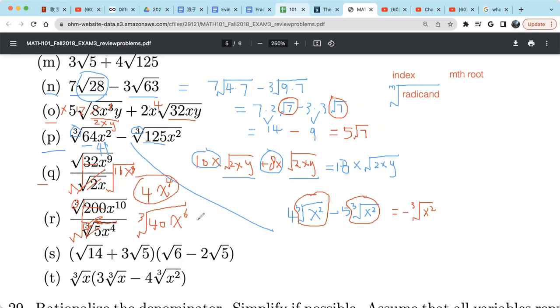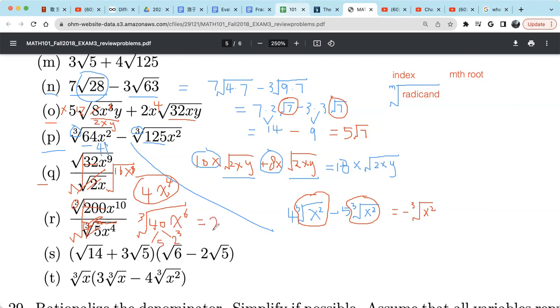Cubic root, right? Then we're looking for something raised to the third power to be a factor of 40. Well, of course, that's 5 and 8, right? Because 8 is 2 raised to 3, 2 cubed. 2 times 2 is 4. 4 times 2 is 8.